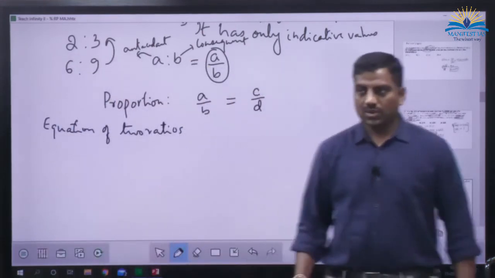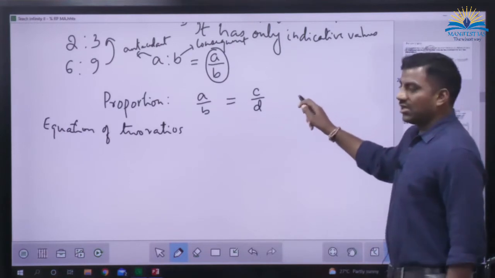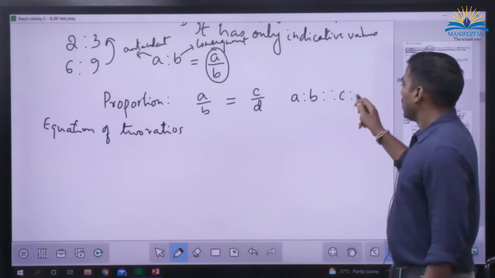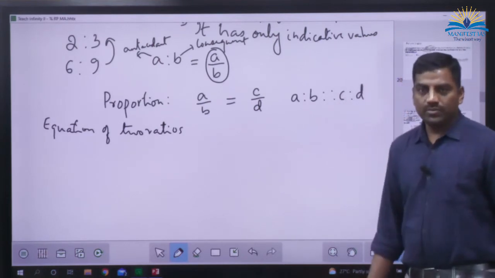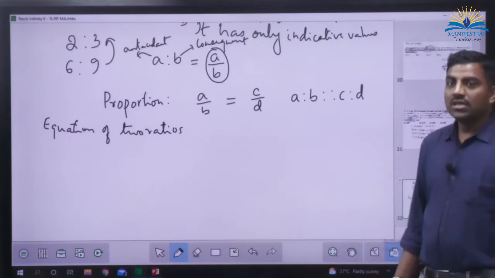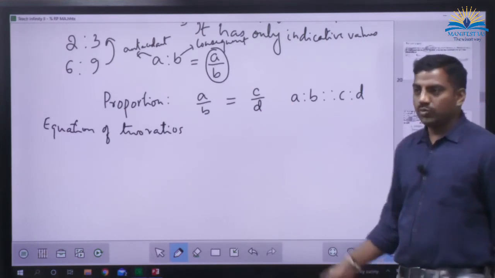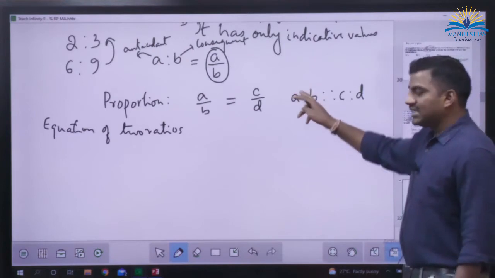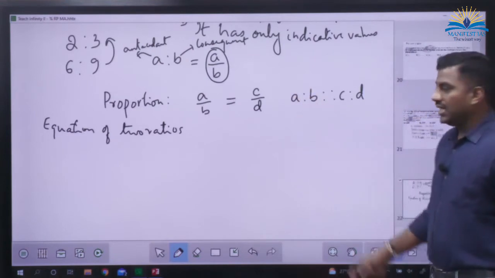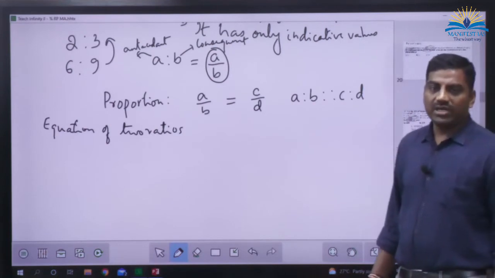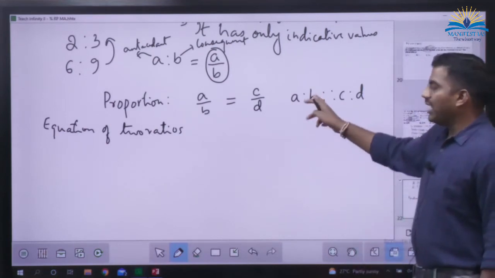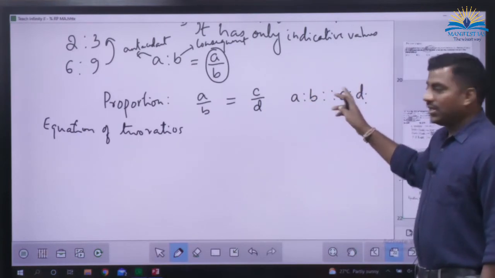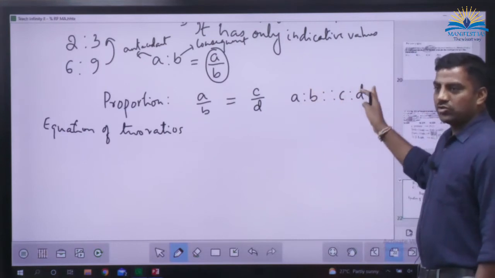But in the notation of ratio, you will write it like A is to B as C is to D. Whatever relation exists between A and B is equal to the relation existing between C and D. If A and B are husband and wife, C and D are also husband and wife. If A and B are father and daughter, C and D are also father and daughter.